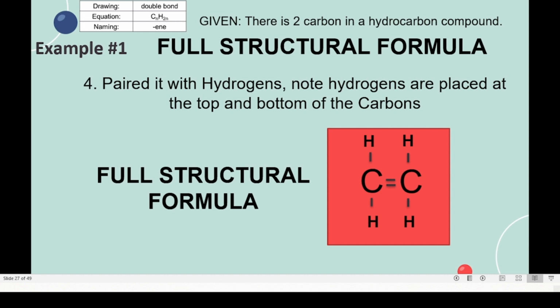But in this case, for alkenes, the hydrogens will be placed at the top and at the bottom. So the full structure of alkene is something like this: 2 carbons with a double bond and there are 2 hydrogens at the top and at the bottom. So this is the full structure of alkene.